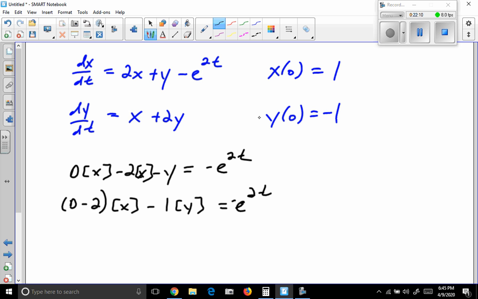So that's our first equation. For the second one, we have the derivative of y. If we subtract that from both sides, we have minus x. Subtract that from both sides, we have minus 2y equals 0.